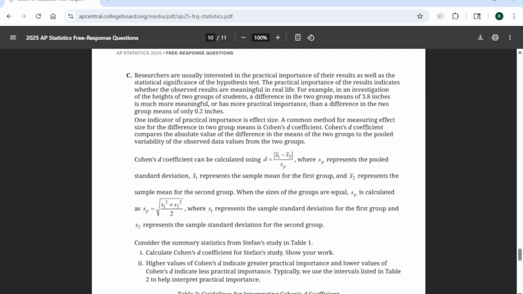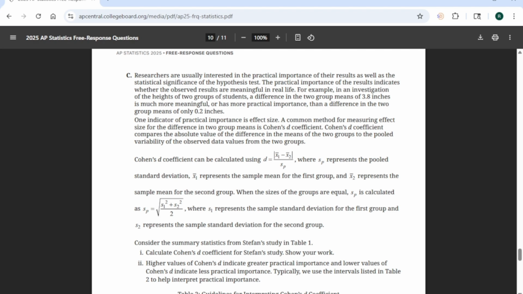So rejecting the null hypothesis doesn't mean that it actually carries any weight, especially if you have a large sample size. The large sample sizes can detect very, very tiny differences. And sometimes those tiny differences don't actually have any practical importance. So a way that we are doing that is with this D coefficient.